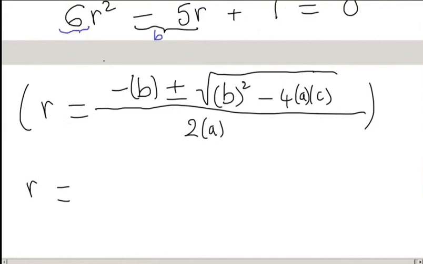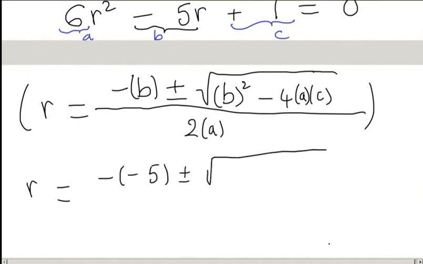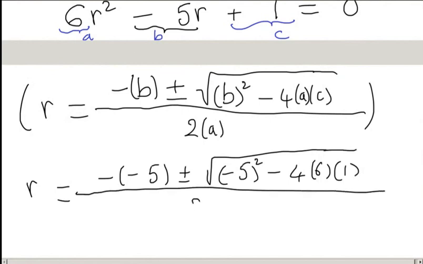And the whole thing here, 6 here is a. And the plus 1 is c. So we have minus of -5 plus or minus square root of (-5) squared minus 4ac, divided by 2a.